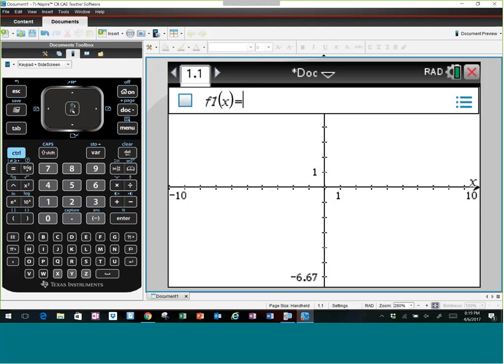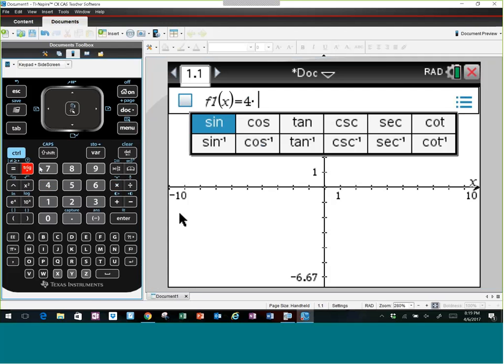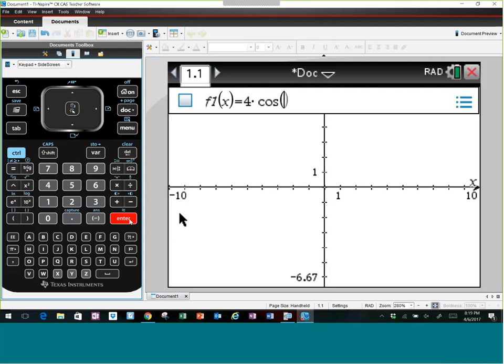For her first curve, I'm going to give her the function f of x is 4 times the cosine of the square root of x. Okay, I won't go too crazy, Vicki.